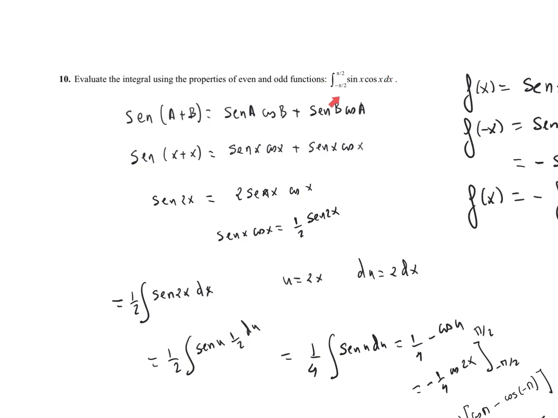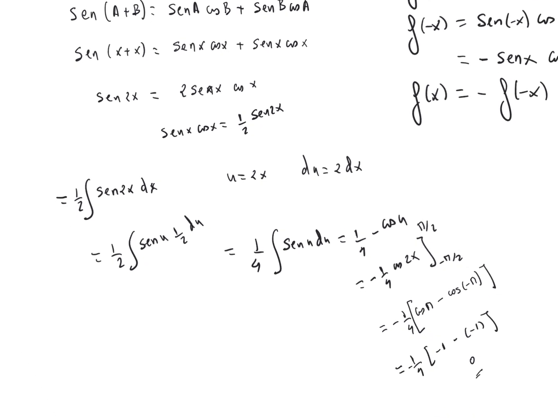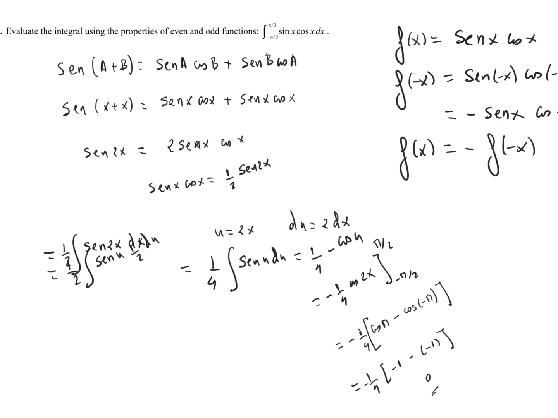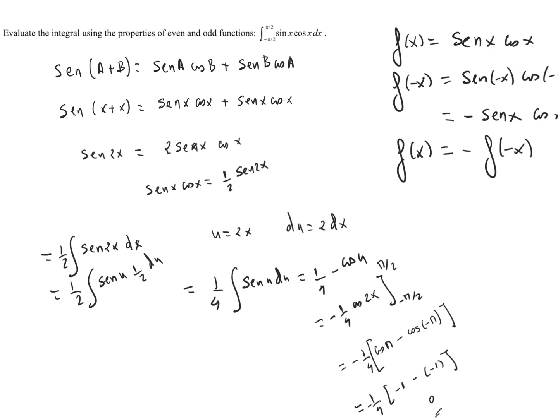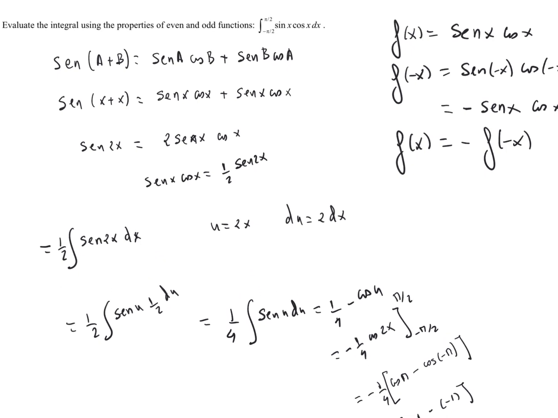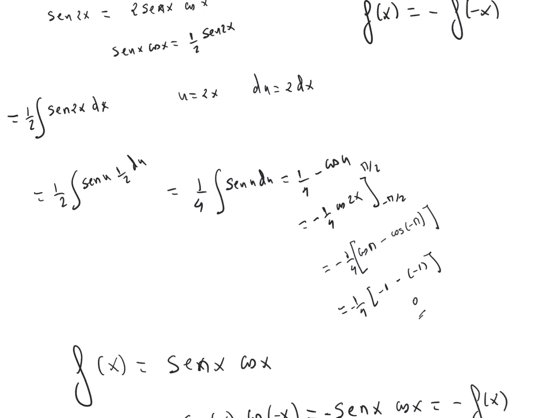So instead of doing this integral, you do this integral. And if you use substitution with u equal to 2x, you can calculate the area, and the area is 0. Okay?